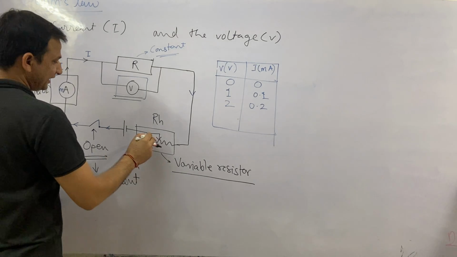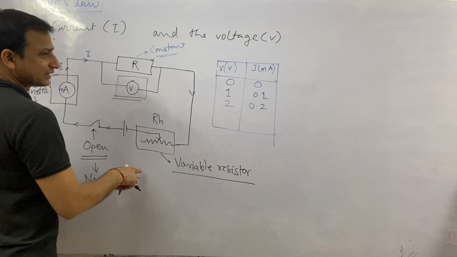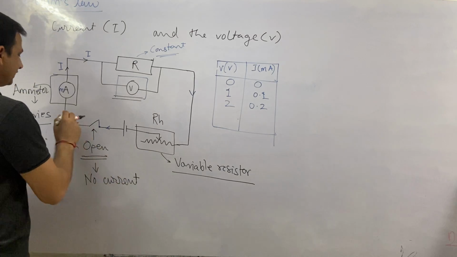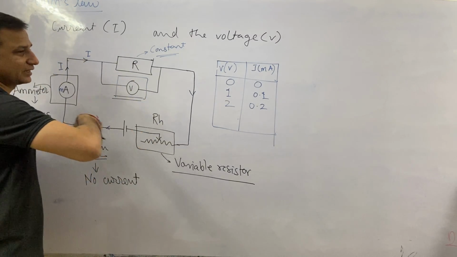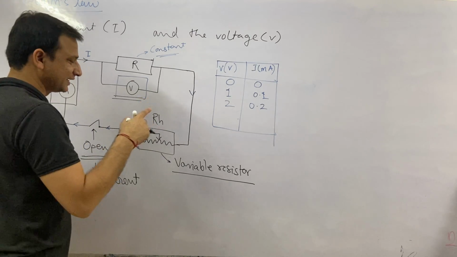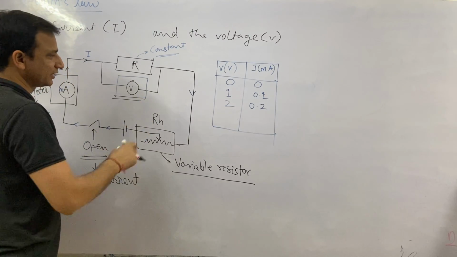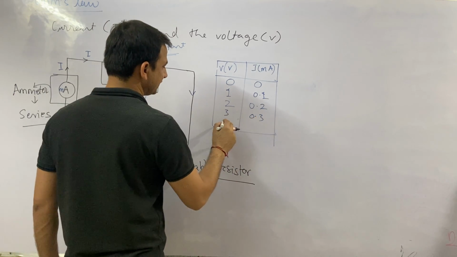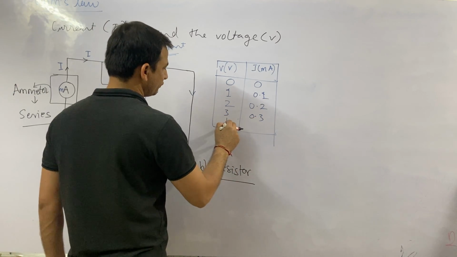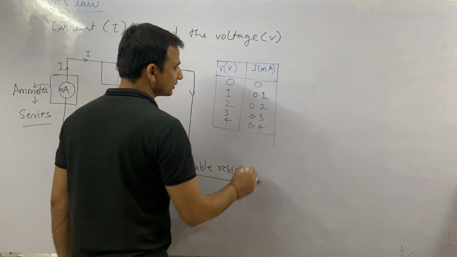Again, if you decrease the resistance of the rheostat, the current will increase. Let's say if this is 3, it will be 0.3. If this is 4, it will be 0.4.